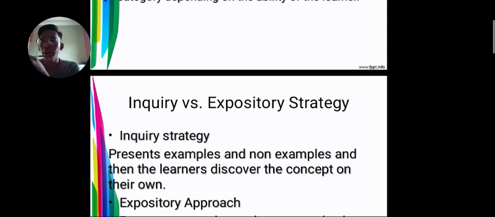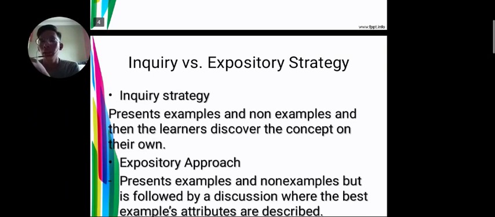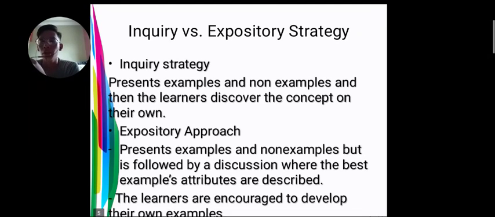Inquiry versus expository strategy. The inquiry strategy presents examples and non-examples, and then the learners discover the concept on their own.